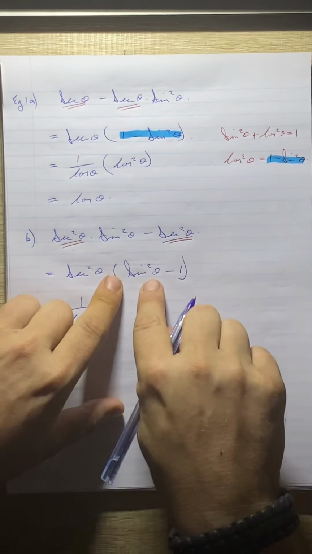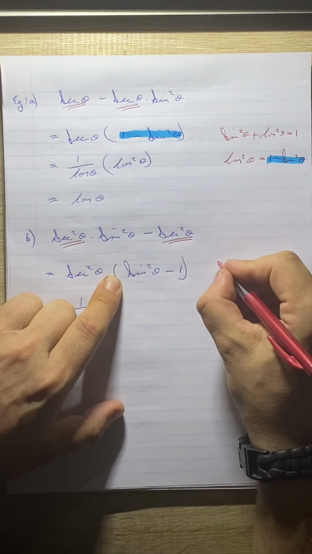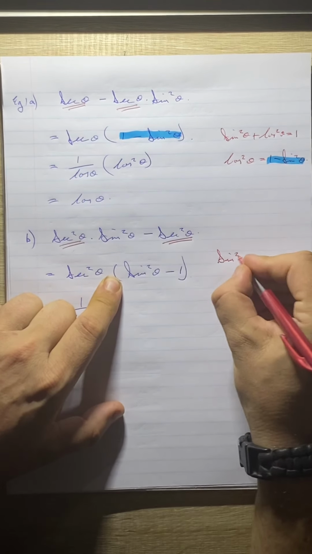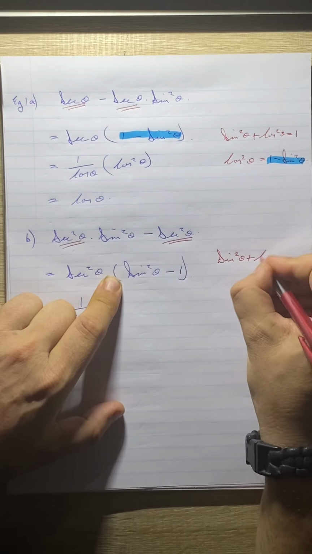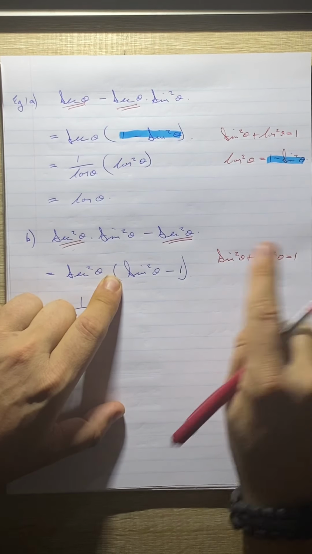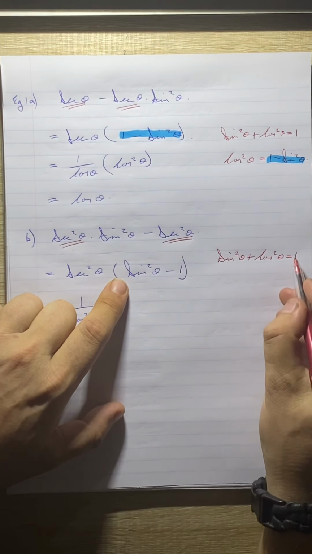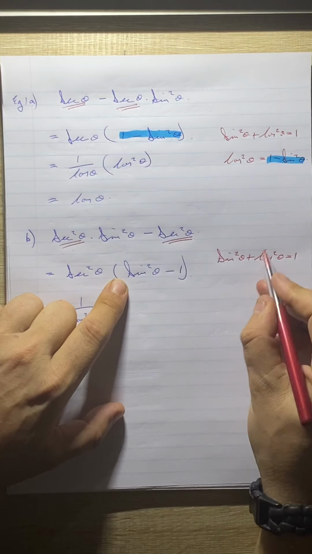Now this one over here, again, I am going to manipulate my square identity. So we have sine squared theta plus cos squared theta equals 1. That's our square identity. Now I'm looking for sine squared theta minus 1. So I need to take the 1 to this side and the cos to that side.